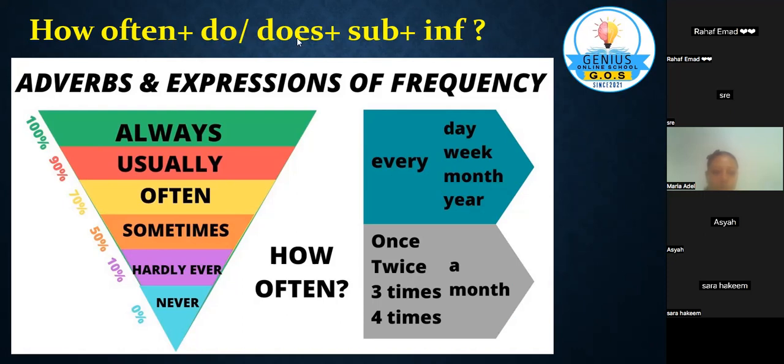So do or does depends on the subject. This is how we form the question: how often do or does, then the subject, a noun or a pronoun, and the infinitive form of the verb.